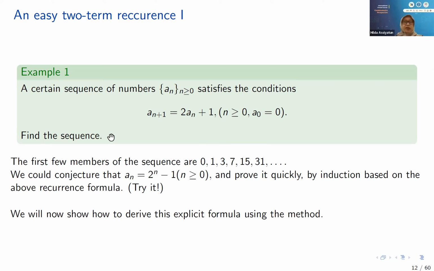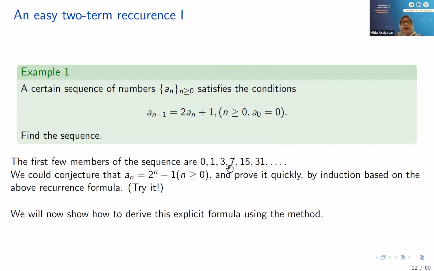We will find the sequence using the generating function. If we write down a few members of the sequence, we have this: if n equals 0, then a_0 is 0. If n equals 1, then a_1 is 1. For n equals 2, a_2 is 3, and so on.